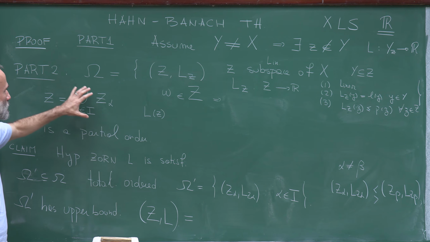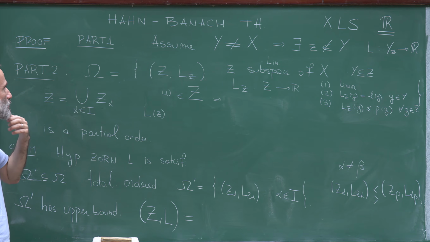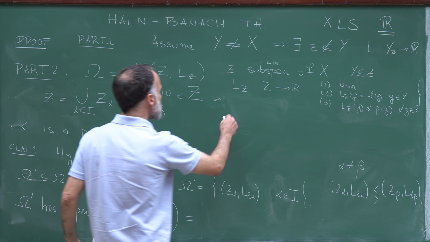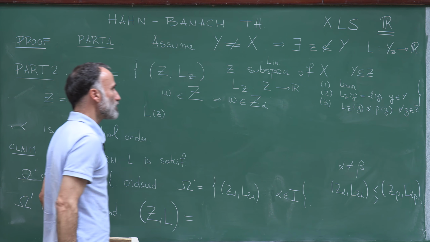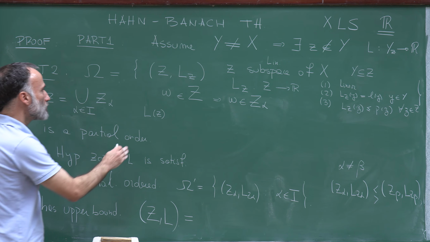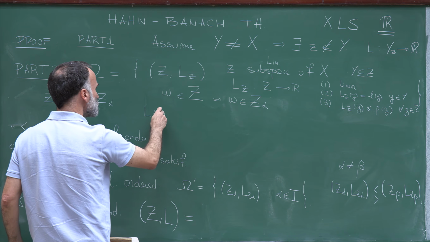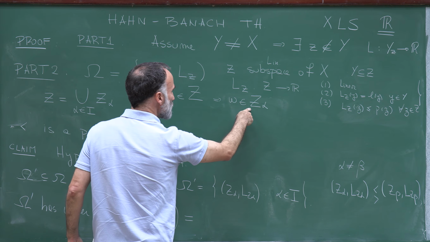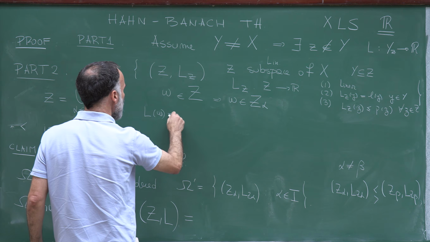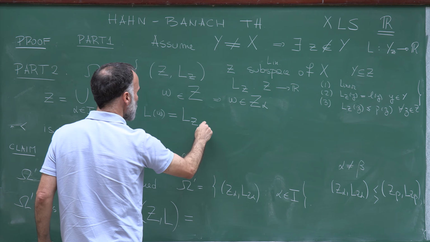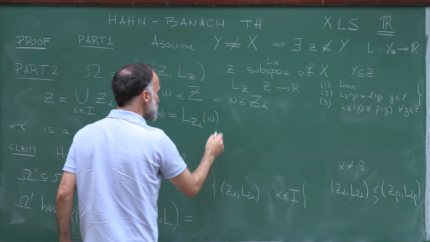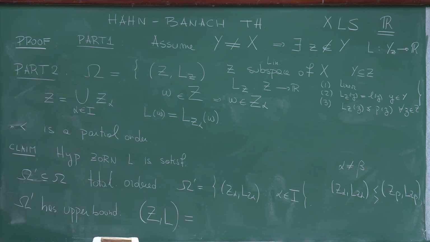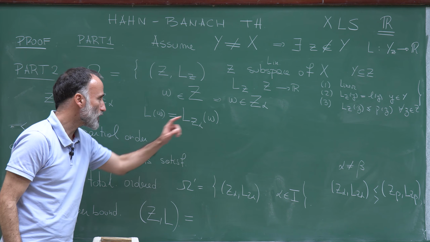Since this linear space is that union, W belongs to some Z alpha. Now I want to define L of W. Since W belongs to Z alpha, I will just take L of Z alpha, which is well defined, and set L of W to be equal to L_Z alpha of W.